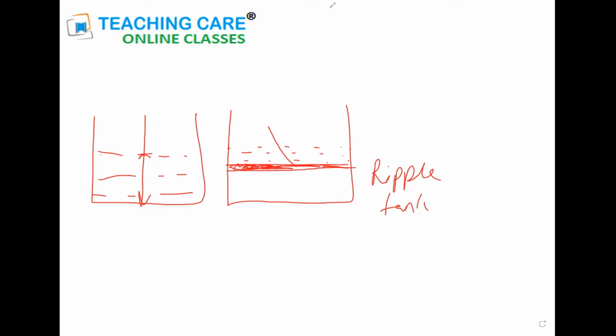Hence the right hand end of each ripple lags behind further. Now the diagram is like this.